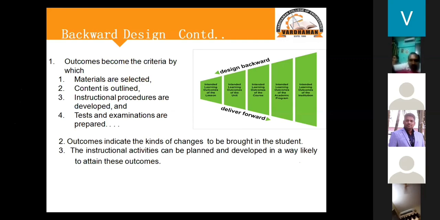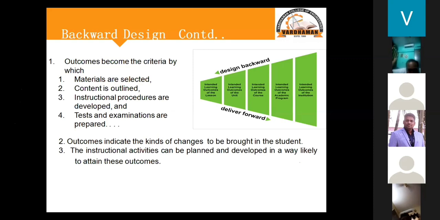So moving on, what do outcomes become the criteria for? Basically, the materials that are selected, the content that is outlined, the instructional procedures that are developed, and the tests and examinations that are prepared. All of these are going to stand in line with the outcomes that are designed.